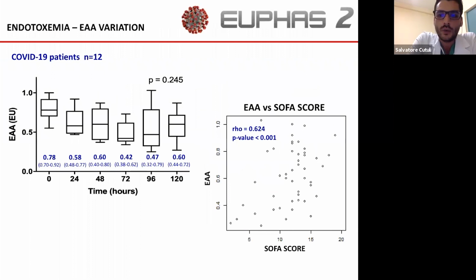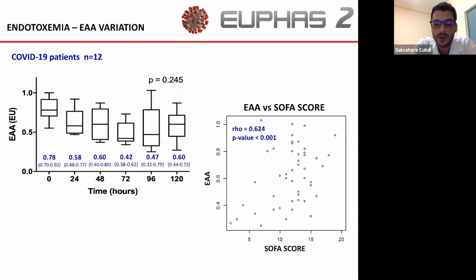Moreover, we collected some data about COVID-19 patients. Specifically, we looked at the level of endotoxin in a specific population of 12 patients who were admitted to the ICU for COVID-19. And what we observed was a relationship between endotoxin activity and SOFA score.